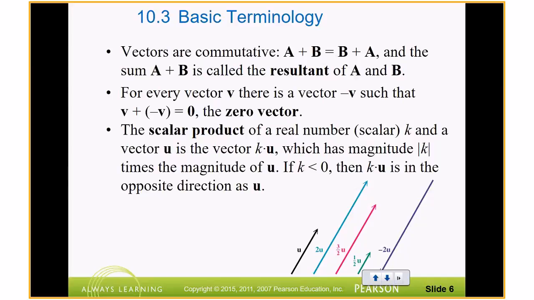Vectors are a way that we talk about magnitude and direction. And with magnitude and direction, if you have two or more vectors, you need to find the resultant vector. I think we talked about that a little bit before class ended the other day.